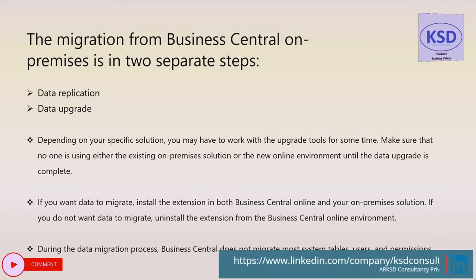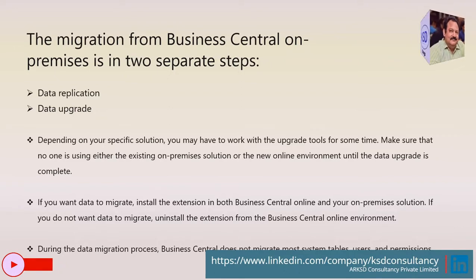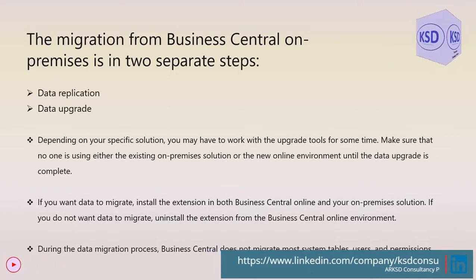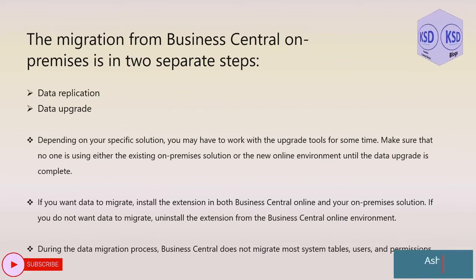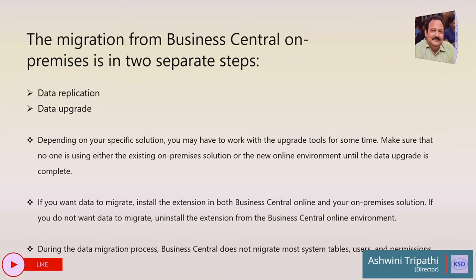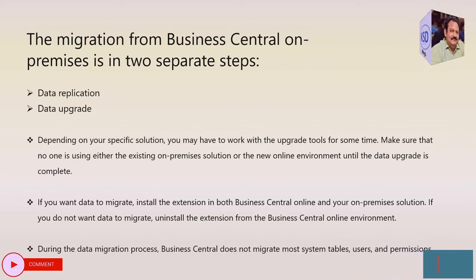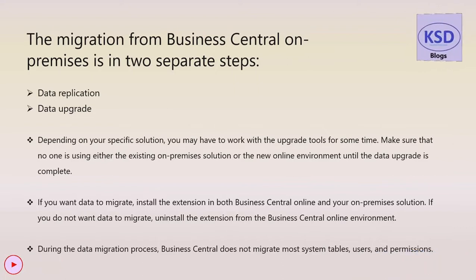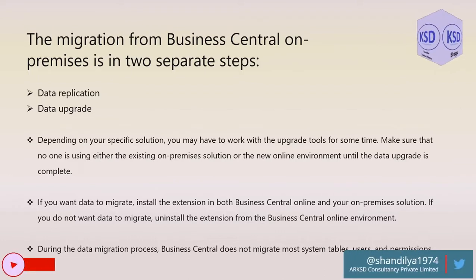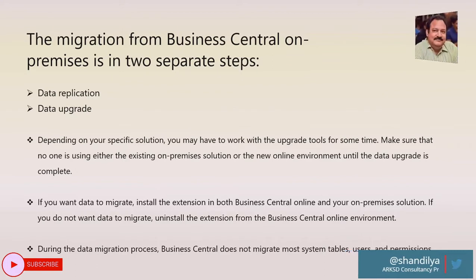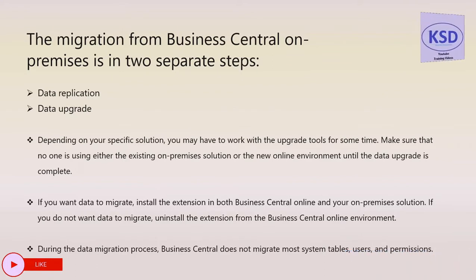Regarding the data of your extensions, if you want the data of your extension to be moved, that extension should be available at both places. Like if it is in BC-14 and that extension is not available in your online, your data will not migrate, and vice versa.